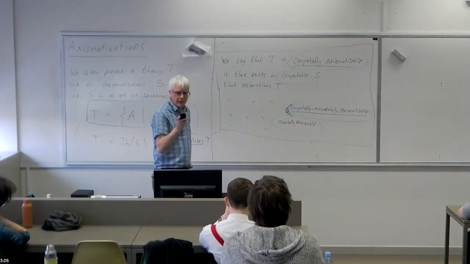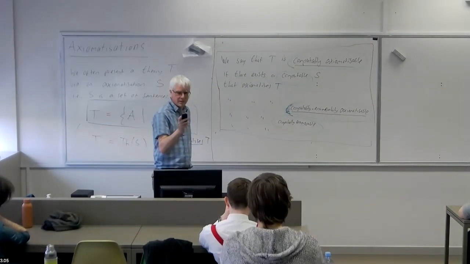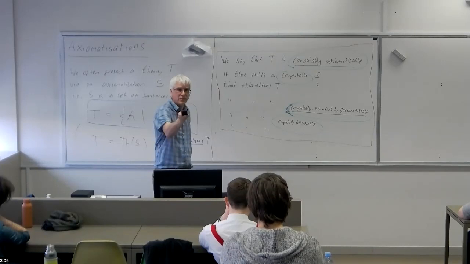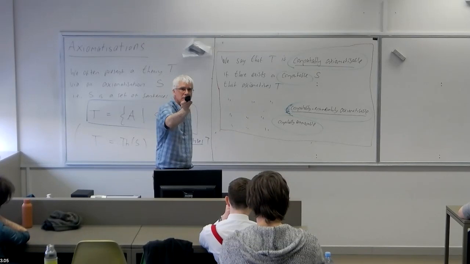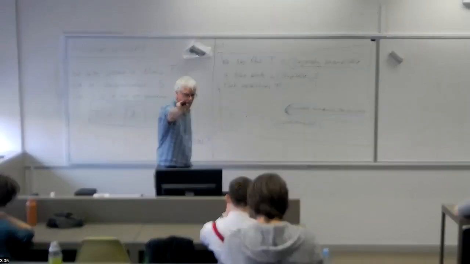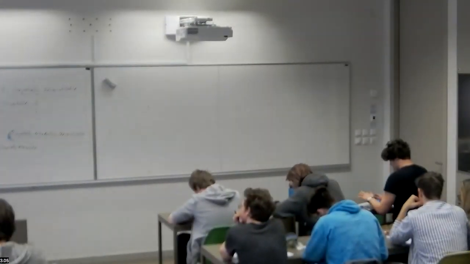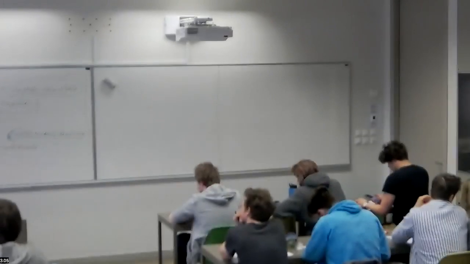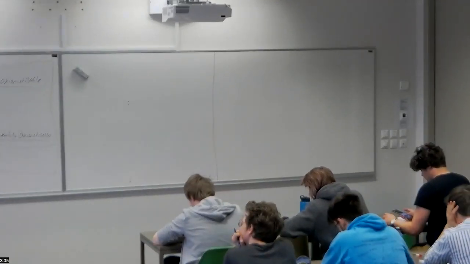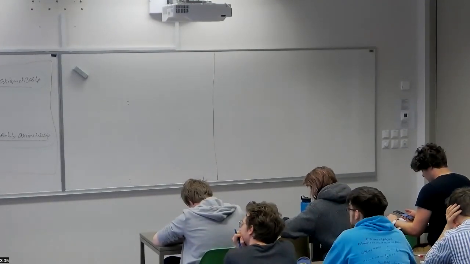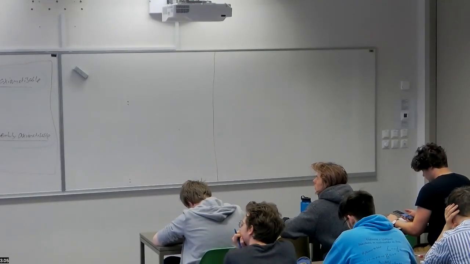So the nice notions of a theory being axiomatizable that are relevant for us are a theory being finitely axiomatizable, which doesn't need any discussion, I don't need to give a definition of that, it's kind of obvious what it means, a theory being computably axiomatizable, and a theory being computably enumerably axiomatizable.